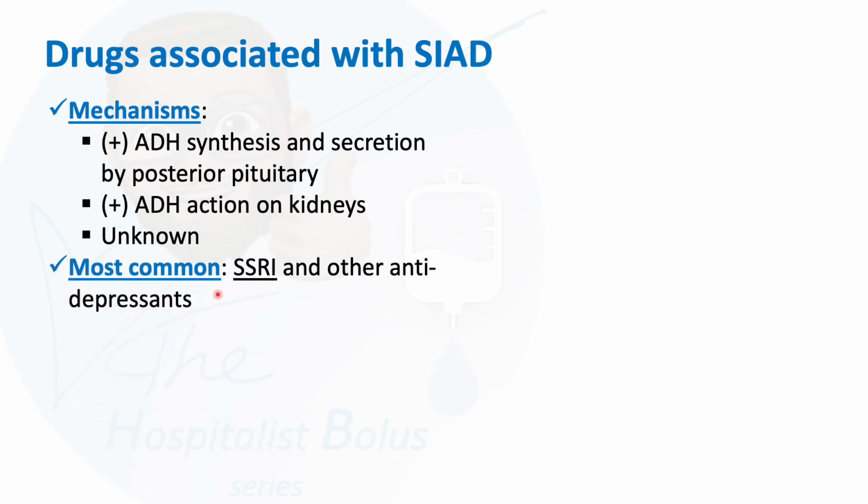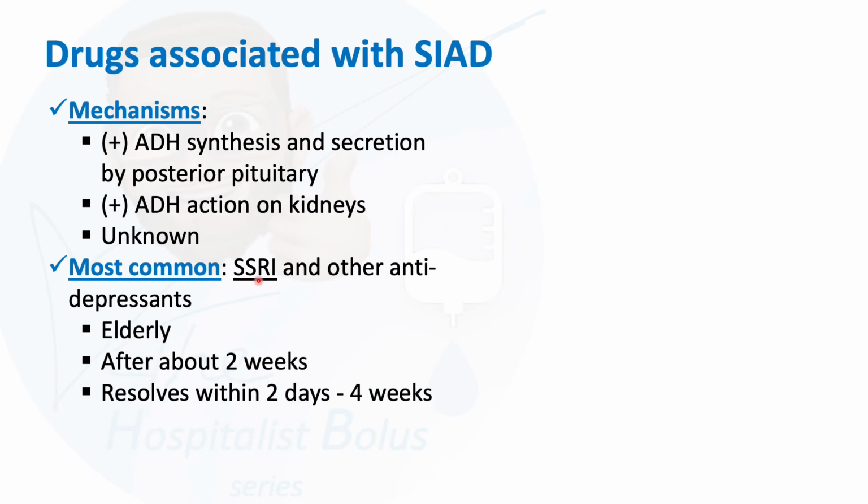The most common medications are antidepressants, especially SSRIs, selective serotonin reuptake inhibitors, and these are more common in the elderly, and they usually happen about 2 to 3 weeks after initiation of the medication or after increasing the dose, but it can happen anytime, unfortunately. And after you stop the medication, they usually resolve within a few days, but sometimes it might take a few weeks before resolution of the hyponatremia.